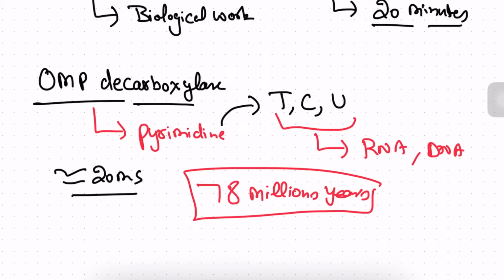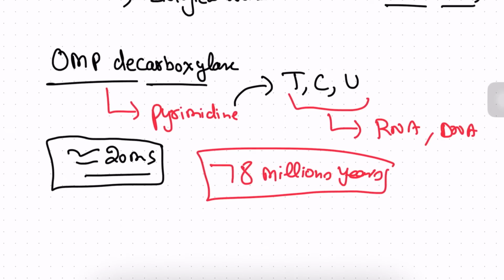Try to see: the reaction which the OMP decarboxylase enzyme is doing within the bacteria can be carried out within 20 milliseconds. If the same reaction is carried out outside of the bacteria, in vitro, it will take 78 million years.